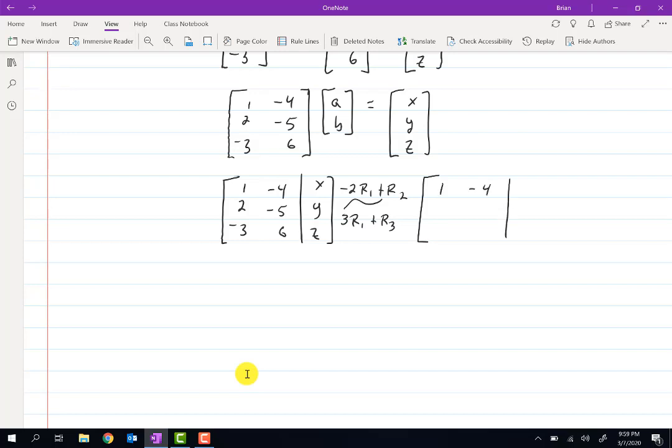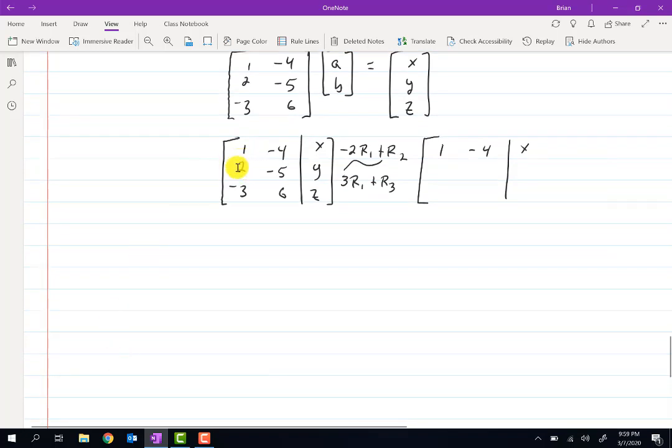The second row was the one I was targeting, this 2 and this negative 3, so let's put zeros down there. Negative 2 times negative 4 is 8, minus 5 gives us a 3. And then negative 12 plus 6 gives us negative 6.